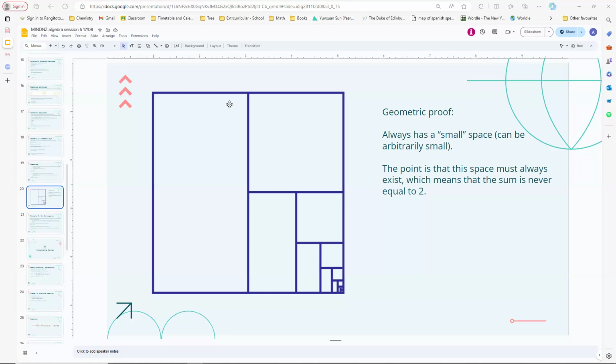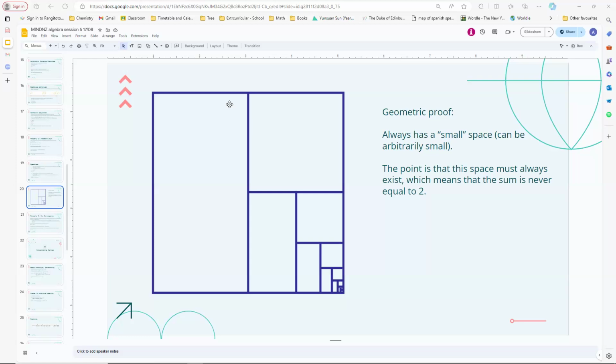You keep slicing the remaining area in half, and every time you do that, it's as if you're taking a common ratio of a half and adding it to your current sum. As you keep doing this, dividing the previous area in two and adding it to a new area, the square gets more and more filled, but there'll always be a little gap in the corner, which is not yet filled. So you can keep doing this infinitely.